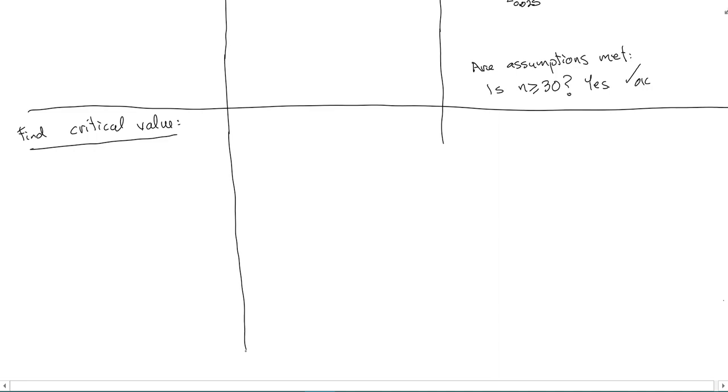To find my critical value, I need to think about the fact that the area to the left, if I just look at this z 0.025 here, is this area over here, and this area is 0.025.